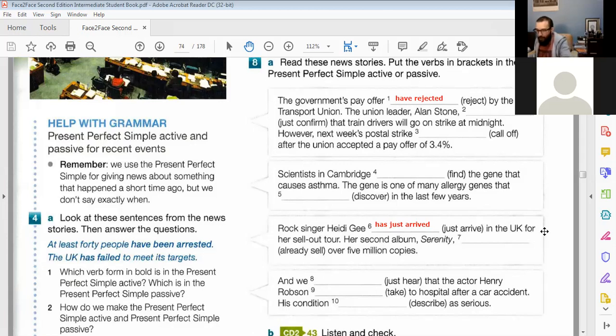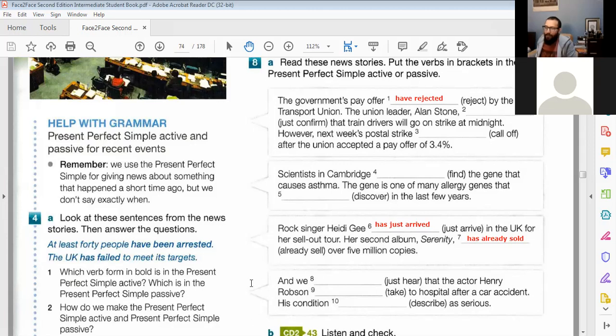All right, so has already sold. But I'm still confused between the active and passive. Maybe this sentence is passive: has already been sold. Okay, let's check the next one and then we'll come back to this one.